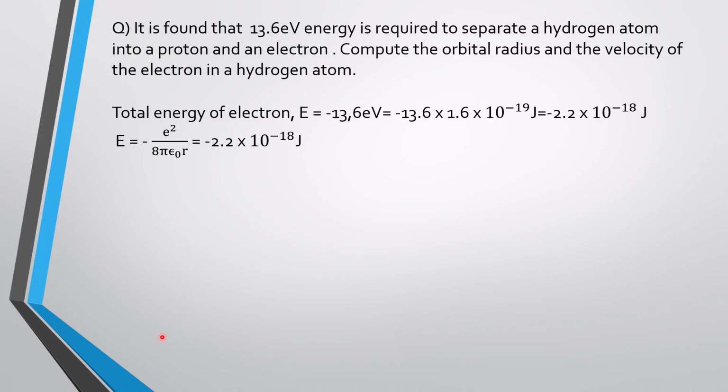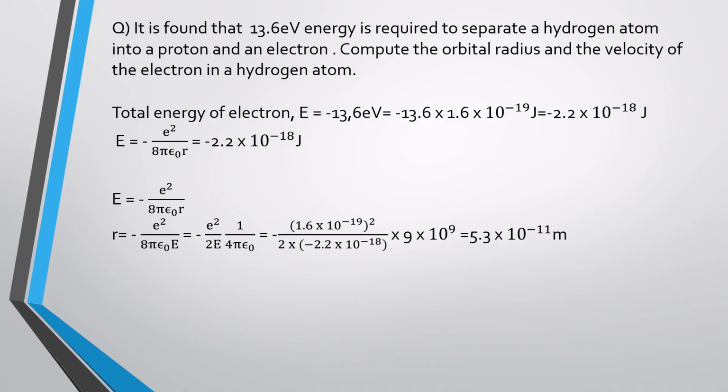The equation for E is minus e square by 8 pi epsilon 0 r. On cross multiplying, r comes to the left hand side and E to the denominator on the right hand side. Now we can substitute the values. Before that, we can write like this: minus e square by 2E into 1 by 4 pi epsilon 0, because we know the value of 1 by 4 pi epsilon 0 as 9 into 10 raised to 9.